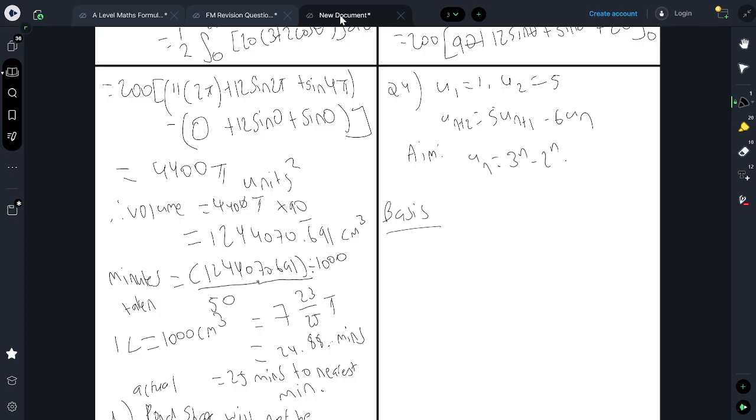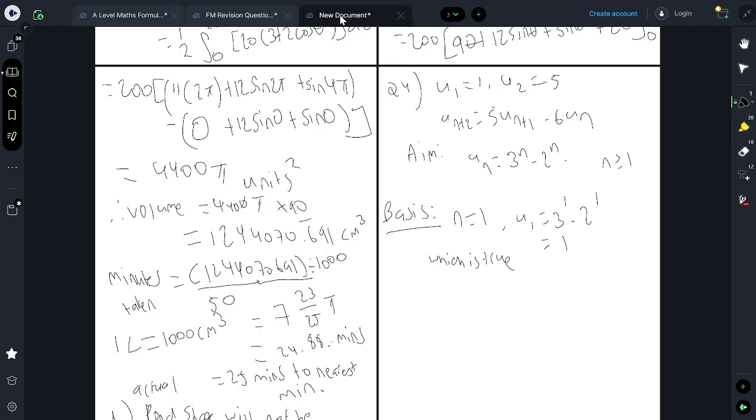This is a bit different because it starts from n is 1. We know U1 is 1, so by the formula it's 3 to the 1 minus 2 to the 1, which is 1, which is true because it's given U1 is 1.